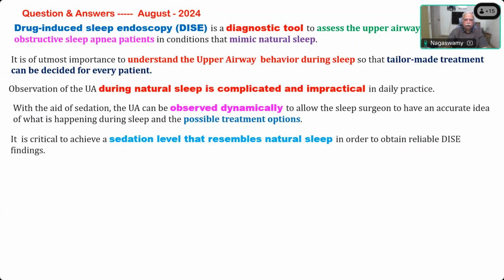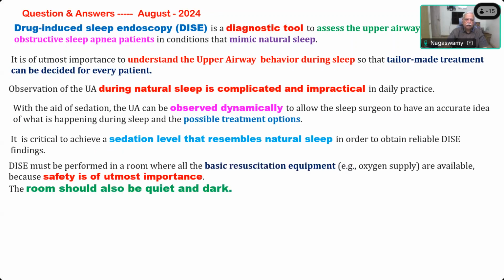And a sedation level that resembles natural sleep is given so that we can identify the behavior of the upper airway during that time. DISE must be performed in a room with all the basic resuscitation equipment like oxygen supply and immediate intubation tools, and safety is the most important, especially when you do it in a morbidly obese patient who is not relieved of the OSA problem and you want to do it as a diagnostic test.